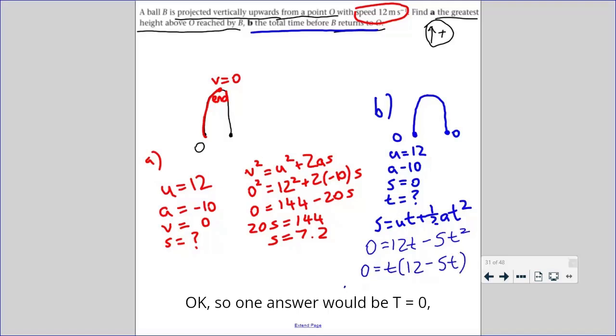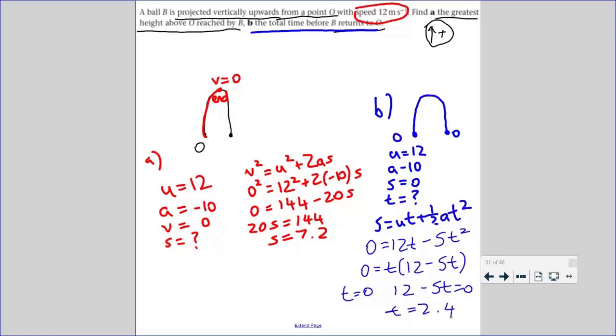Okay, so one answer would be t equals 0, which we're not going to use because t equals 0 means when it starts traveling, it's at O, which we already know. And the second answer, you take the second bracket, equal it to 0, then rearrange it. You should get t equals 12 over 5, which is 2.4. Okay. Again, you don't have to factorize. You can just use the quadratic formula.